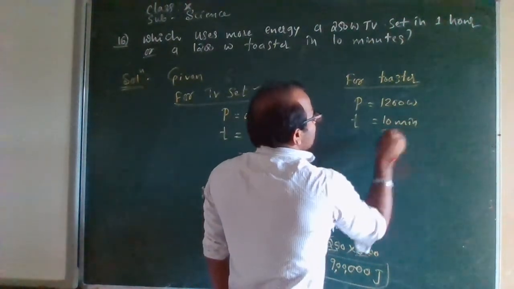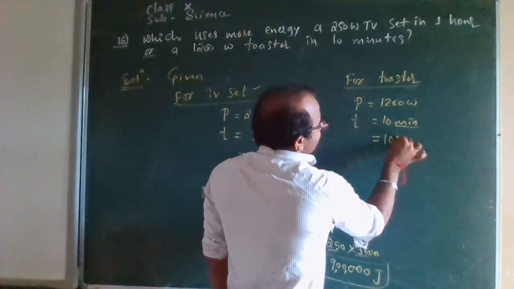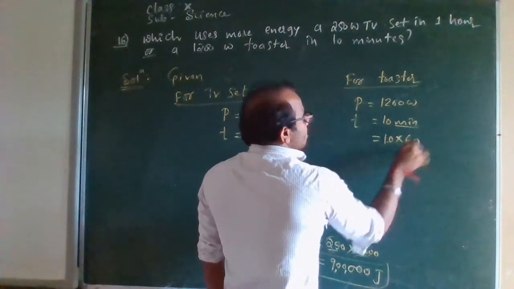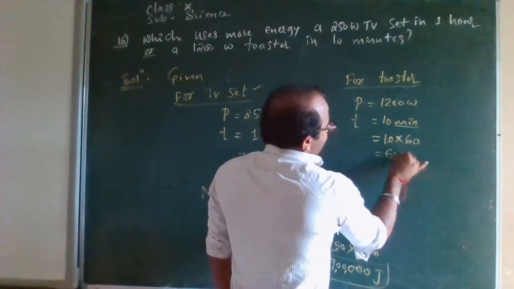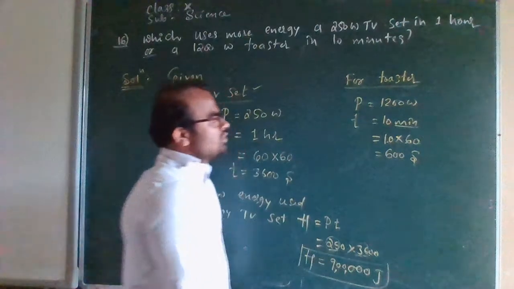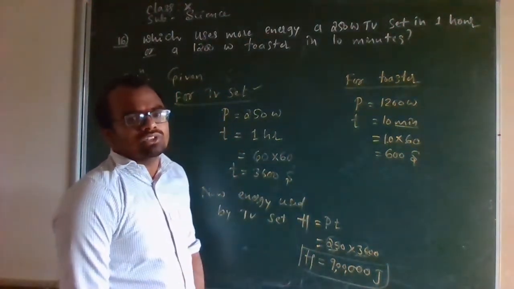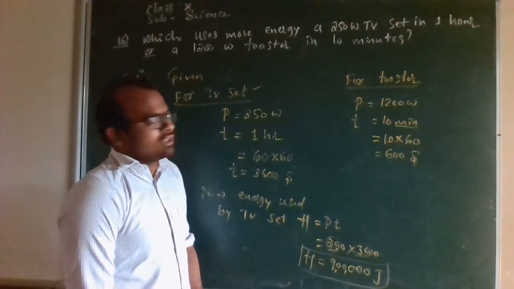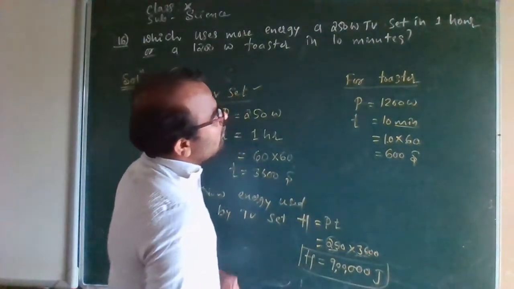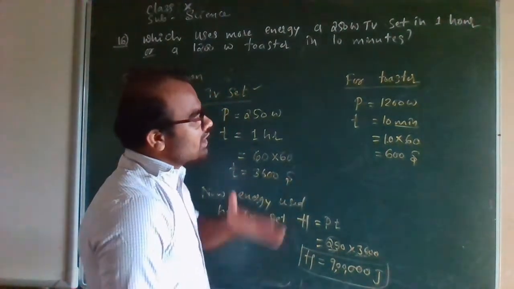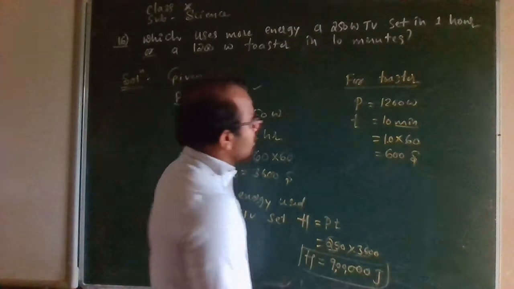This should be converted into seconds. In 1 minute, how many seconds are there? 60. 10 into 60, 600 seconds. So T is equal to 600 seconds. So power is equal to 1200 watt. Time is equal to 10 minutes. 10 into 60 is 600 seconds.